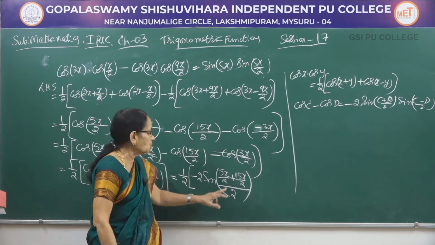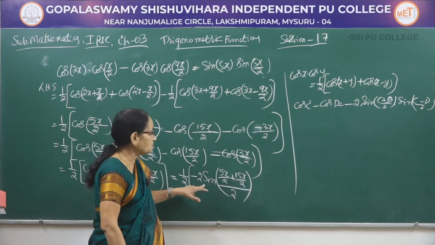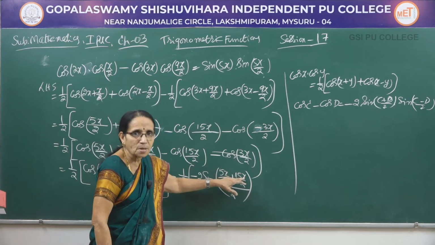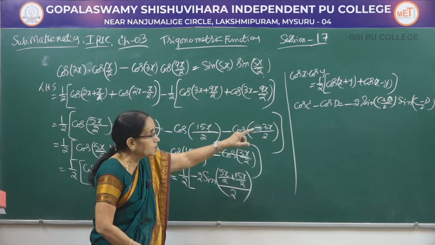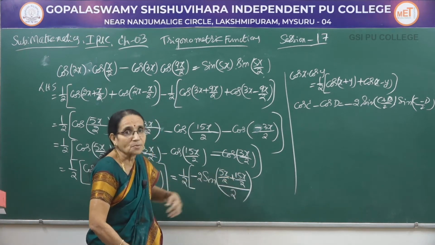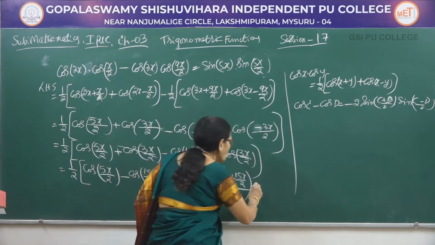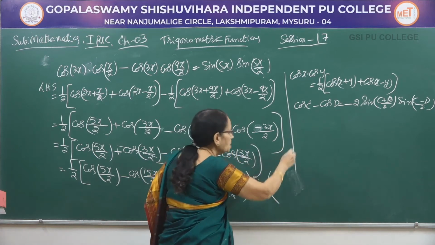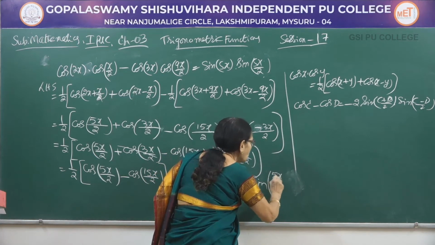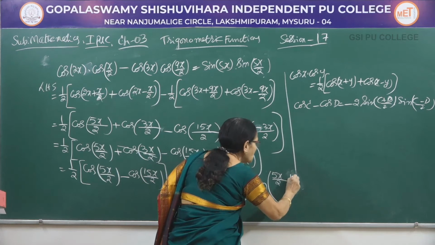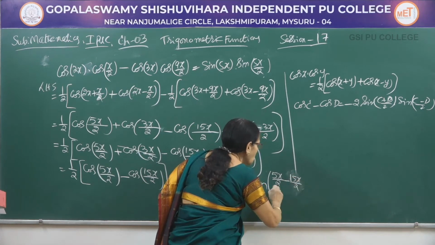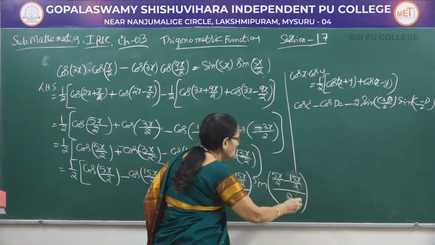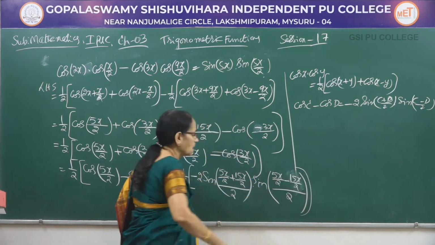Don't get confused between these two and these two. It is sin of C plus D divided by 2. This 2 is in the formula, but C and D themselves are half angles, into sin of C minus D, that is 5x by 2 minus 15x by 2, divided by 2. Okay, into close the bracket.